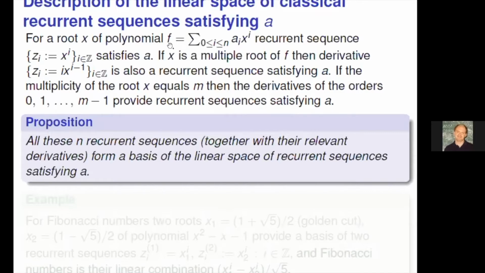So again, for any root x of multiplicity m, you have m derivatives.